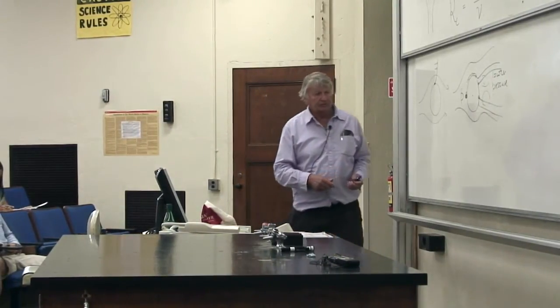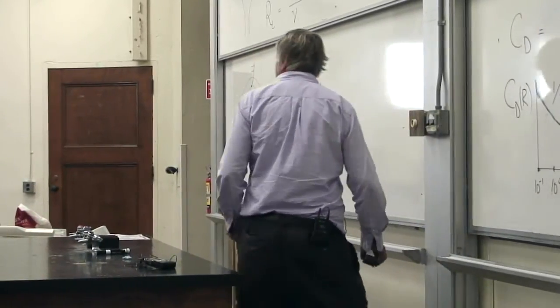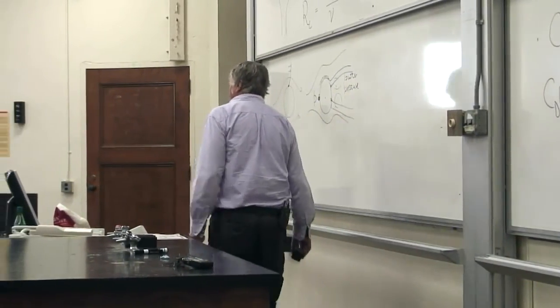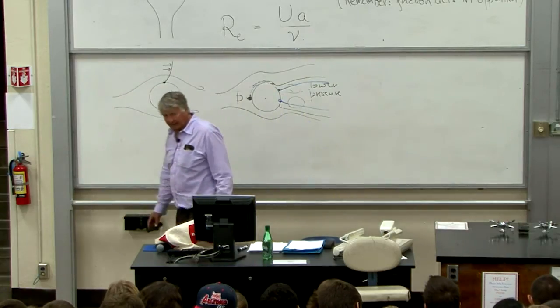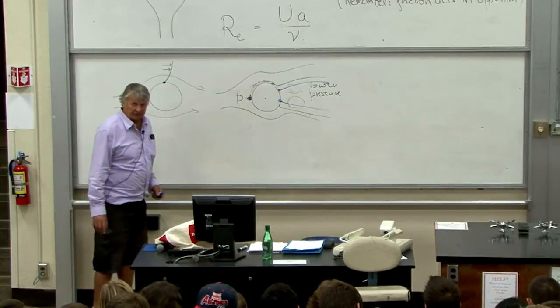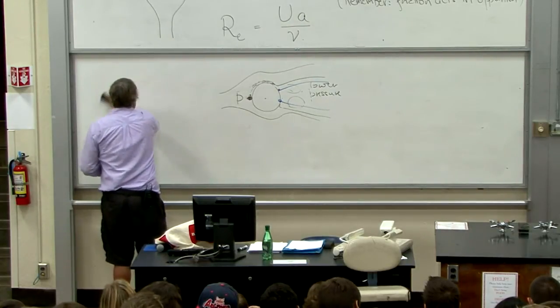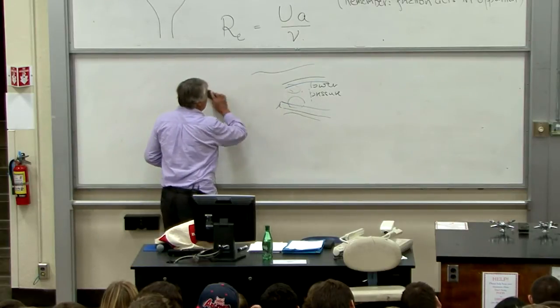So, we'll first look at the slow flow case. So if you jump out of an aeroplane, you are not in the slow flow case, even when the parachute opens. You're in a slightly different regime.